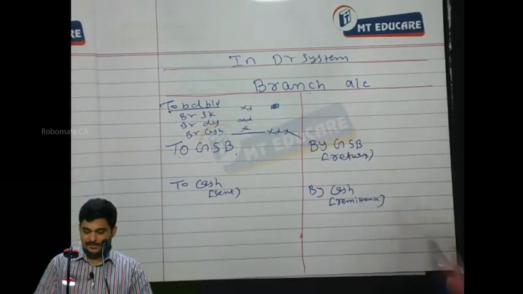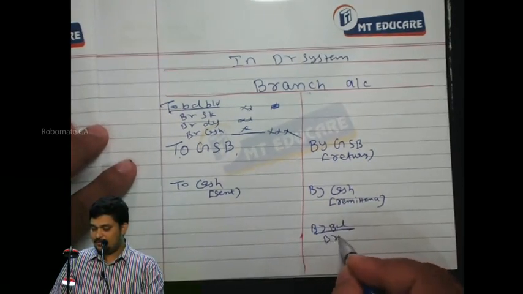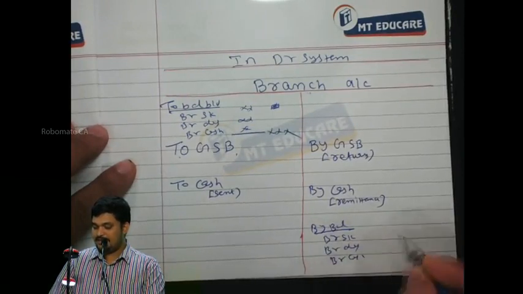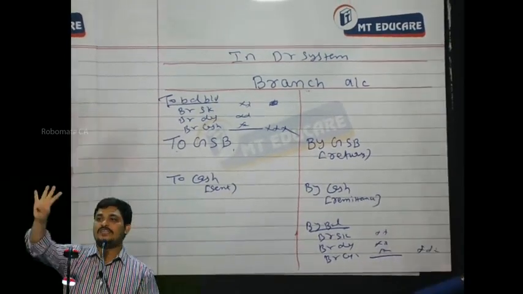Similarly, we will also be recording the closing branch stock, branch debtors, branch cash. Just accounting these balances and also these 4 events.